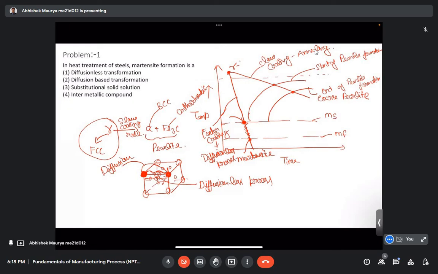Initially we have gamma, and the cooling rate is very fast, with insufficient time for diffusion, and it will be converted into martensite.